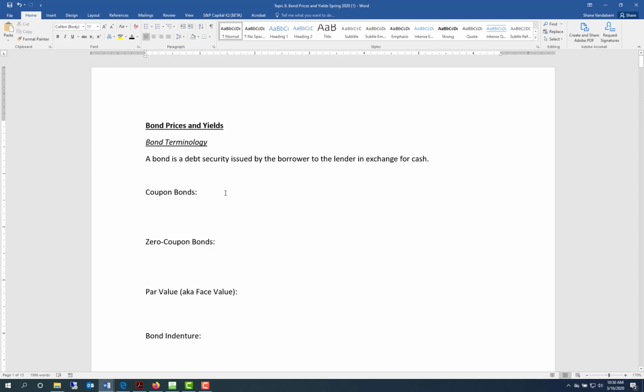So just to start off with some bond terminology. A bond is a debt security issued by the borrower to the lender in exchange for cash. Just a few things I want to add in here. We have issuers.